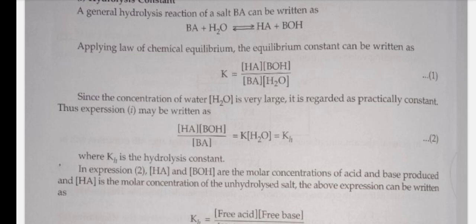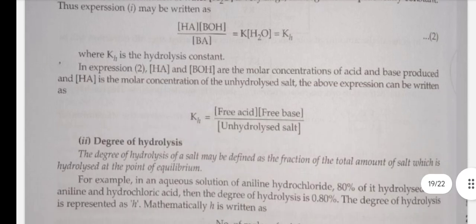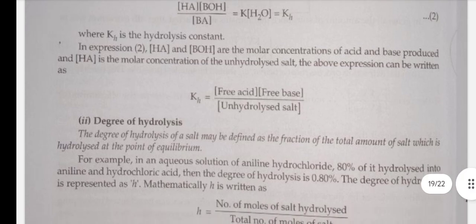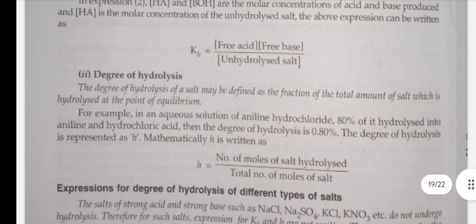Since the concentration of water is very large, it is regarded as practically constant, where Kh is the hydrolysis constant. In this expression, HA and BOH are the molar concentrations of acid and base produced, and BA is the molar concentration of the unhydrolyzed salt. The above expression can be written as Kh is equal to free acid into free base upon unhydrolyzed salt.